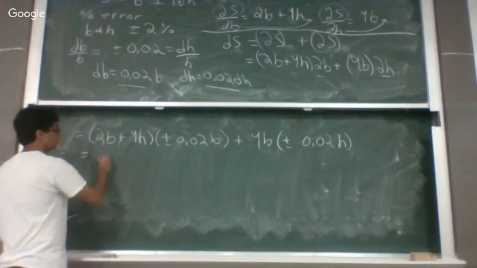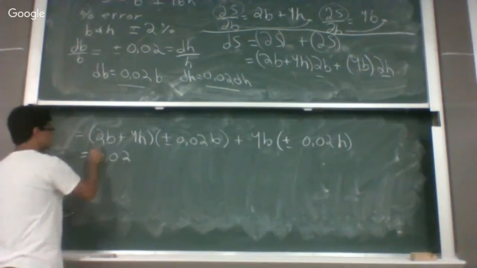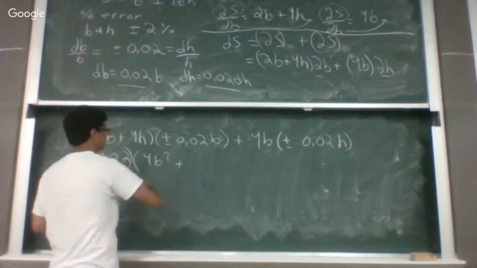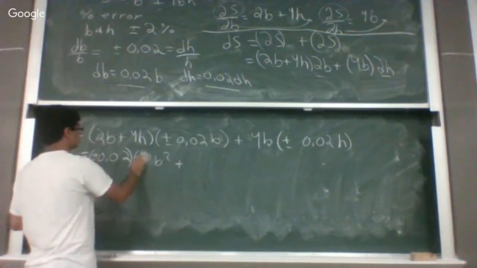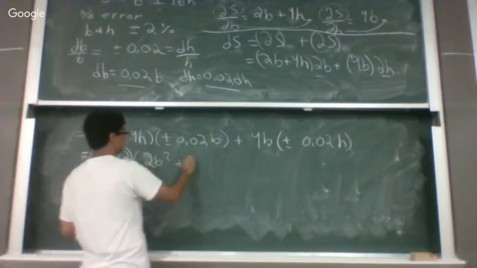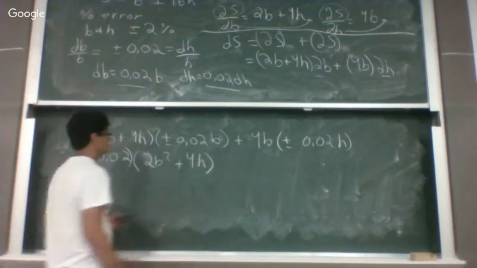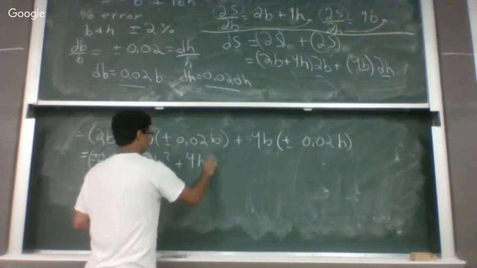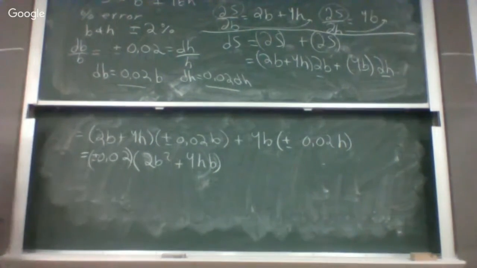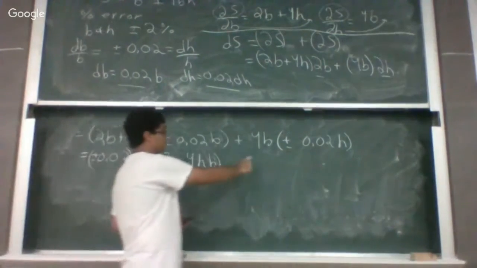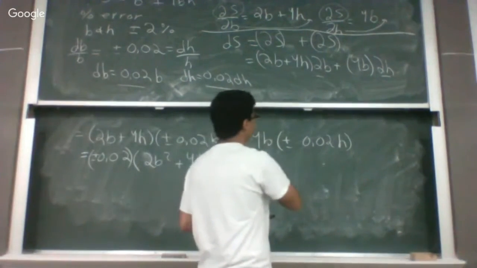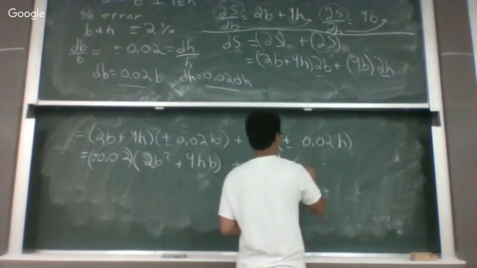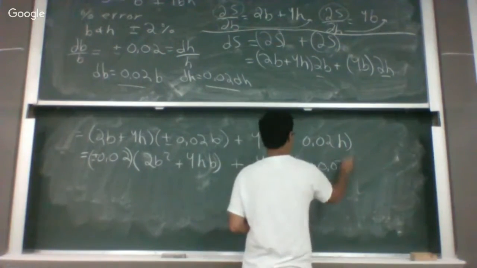We will have plus or minus 0.02 times 4b squared plus 2b squared, plus 4bh, or hb. Okay, so I just multiplied all of this by b, and for this plus, I'm going to multiply by h, so 4bh times plus or minus 0.02.